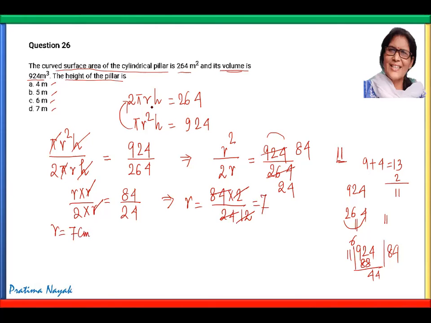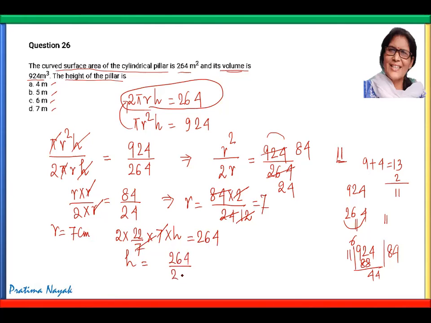After getting r, I'll put r in the curved surface area. So 2 into 22 by 7 into r, which is 7, into h is equal to 264. h is equal to how much? 7 7 I can cancel. h is equal to 264 divided by 2 into 22, so you can cancel now. 2 132 and 22, if you divide, you'll get 6.